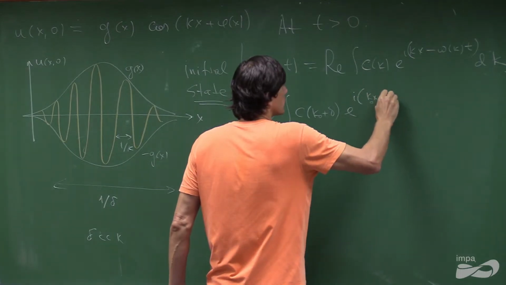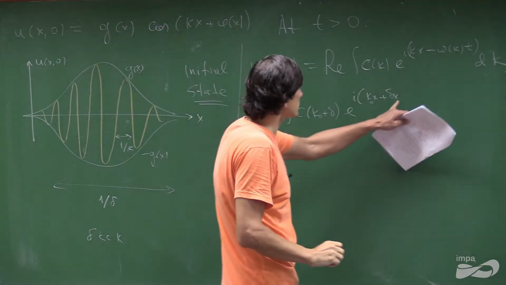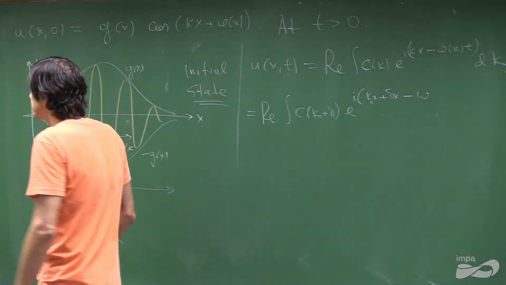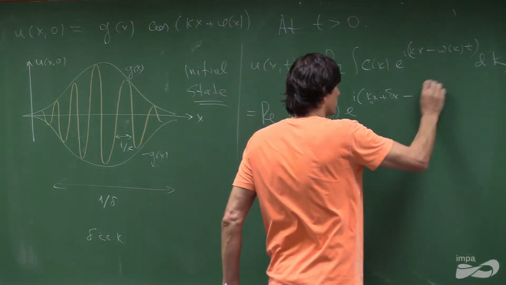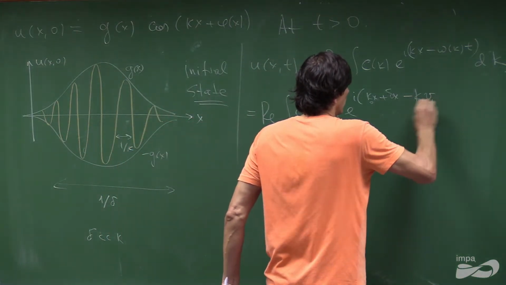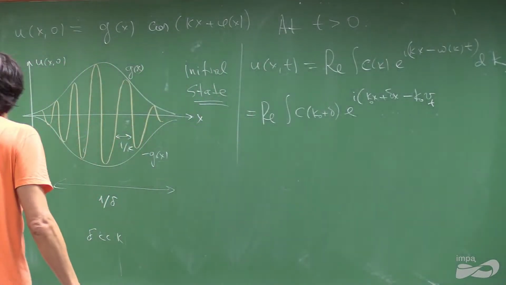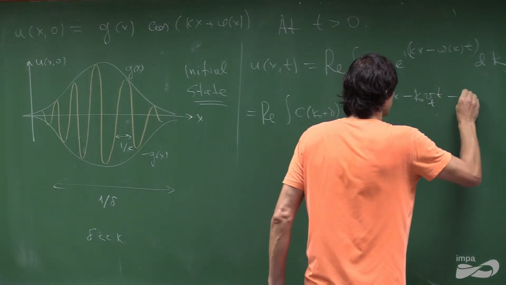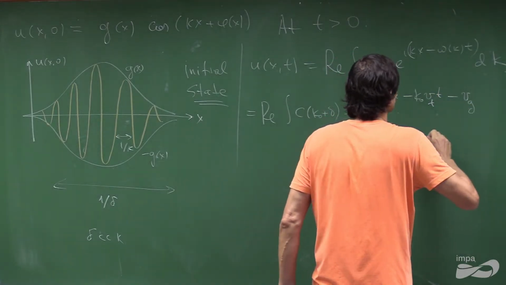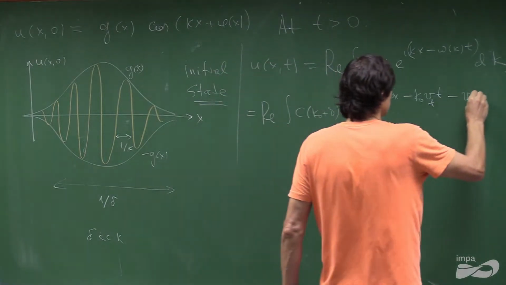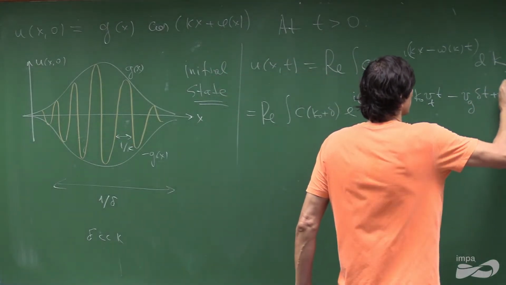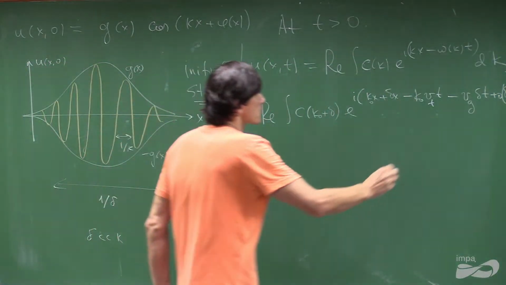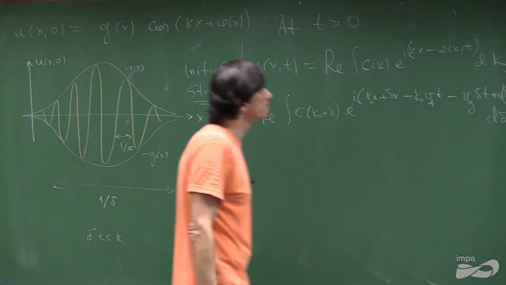exponent i, k0 x plus delta x minus, and we use the expansion for omega, minus k0 phase speed t minus group speed delta t, and small correction is all integrated in delta.